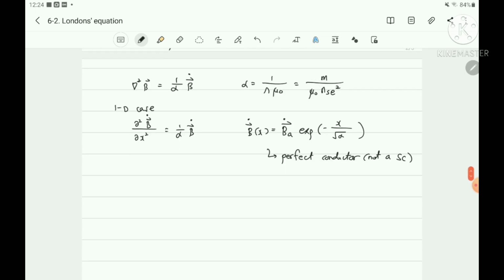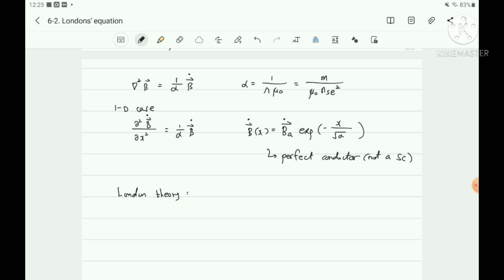The solution from the combination of the Maxwell equation and the perfect conductor, the time derivative of magnetic flux, has an exponential behavior like this. From the London theory, this solution does not describe superconductivity, but the perfect conductor case.